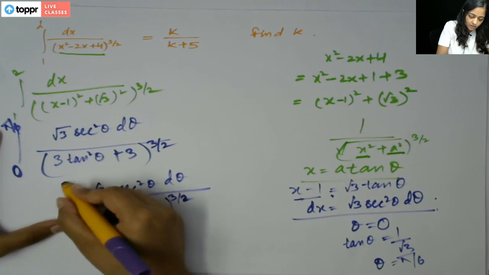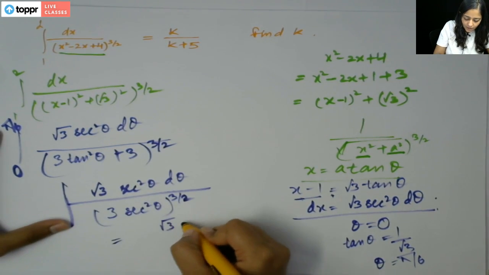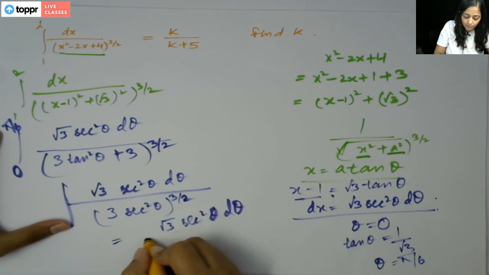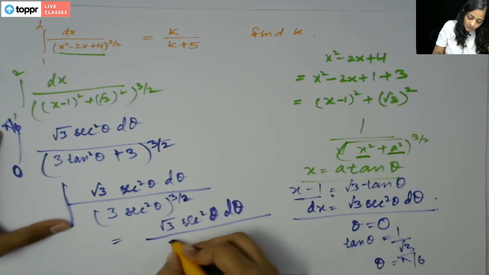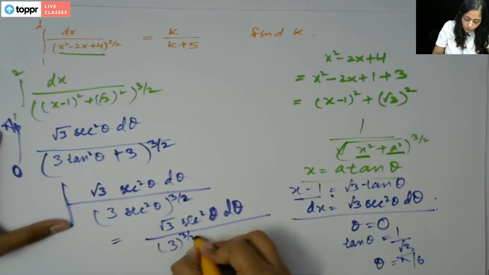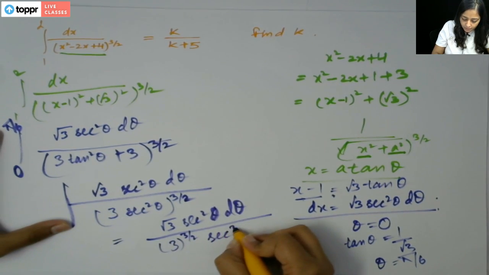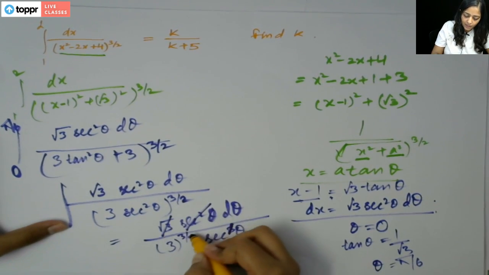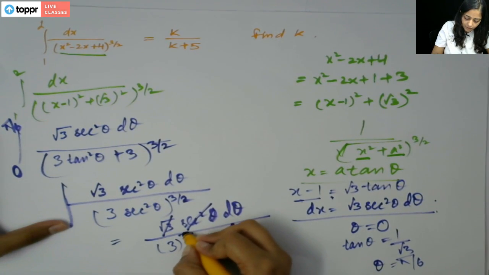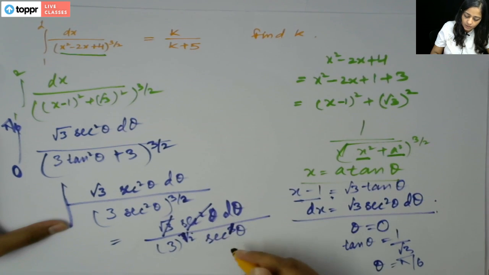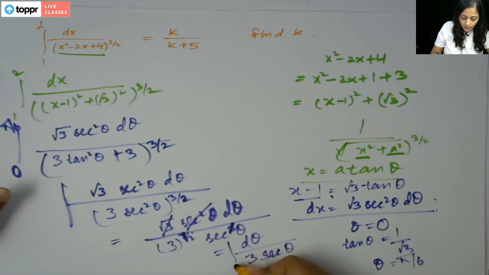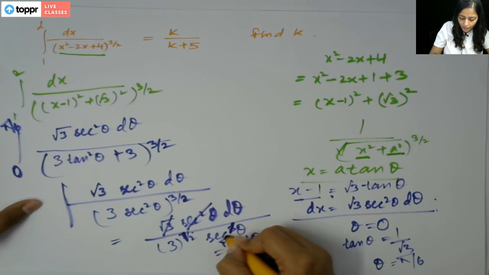So after solving this, we get root 3 sec square theta d theta over 3 raised to the power 3 by 2 and sec cube theta. Now after cancelling this, we are left with d theta by 3 sec theta, and the limit of integration is from 0 to pi by 6.